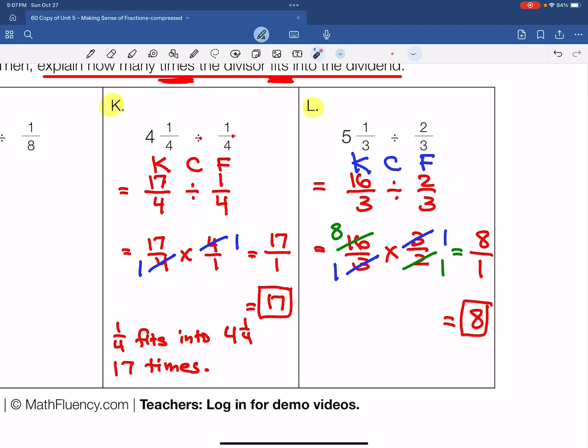And we can also say that 2/3 fits into 5 1/3 8 times. So let's use this one in our sentence. We'll write down 2/3 fits into 5 1/3 8 times.